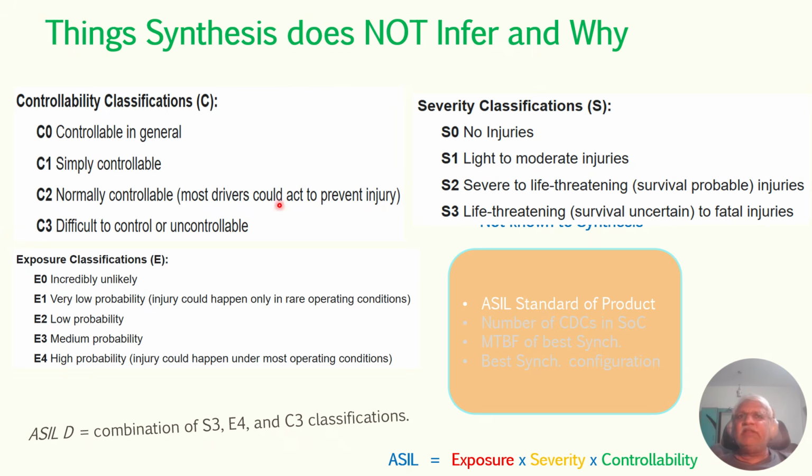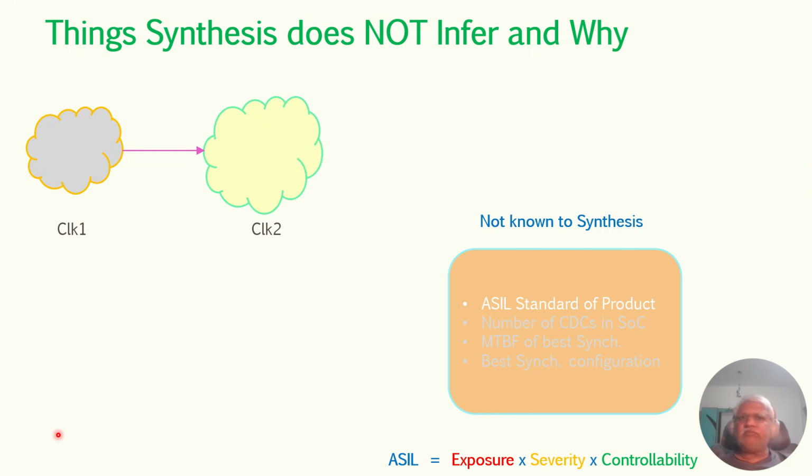All these things need to be considered as part of the ASIL-D classification standard, and that is why this is the most pessimistic scenario. Considering all this by the synthesis tool is next to impossible, or at this point of time it is not ready yet. Hence, the synchronizers are not inferred as part of the synthesis tool.